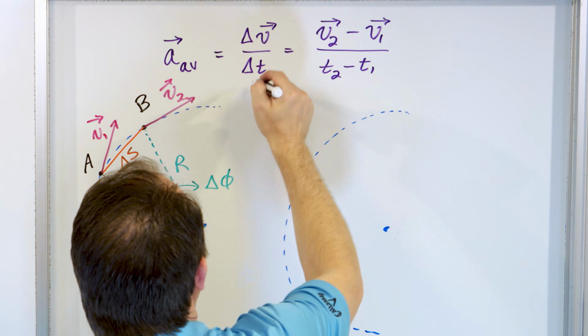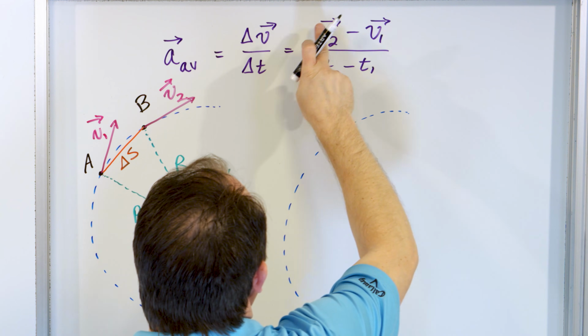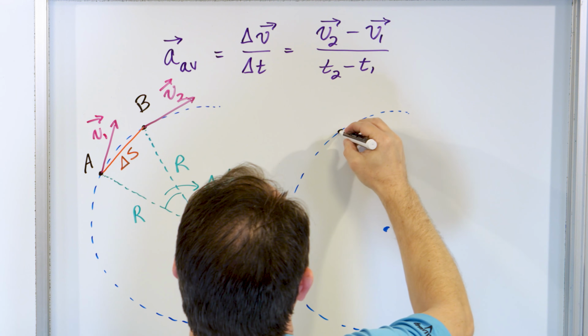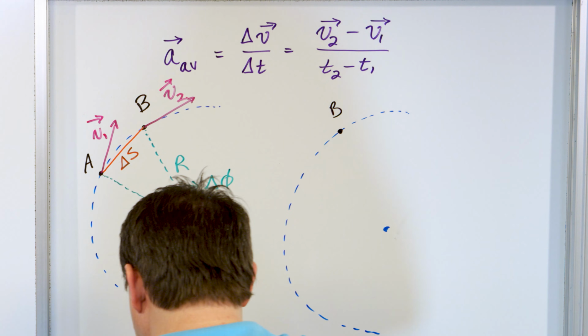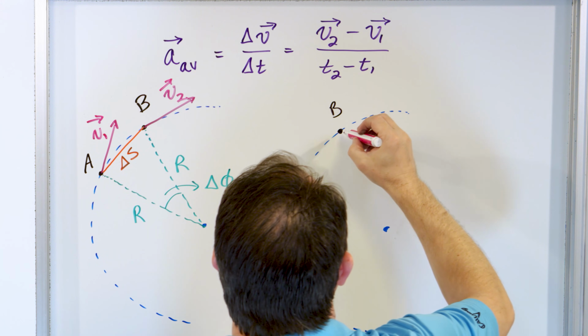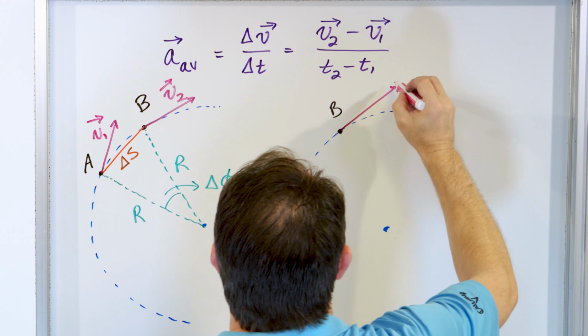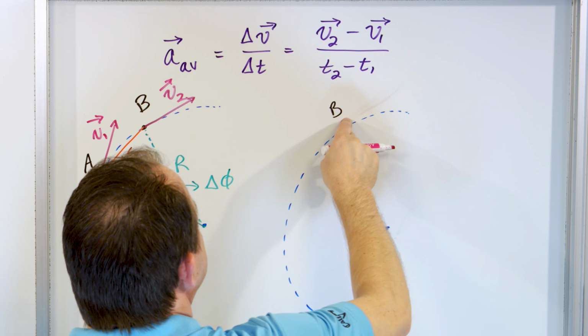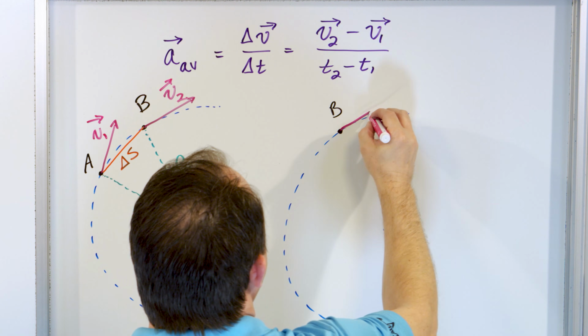So what we have to do to calculate the acceleration is take v2 minus v1. v2 is over here at B, so I'm going to try my best to put B in the same location. All right, and I'm going to put v2 something like this. See, it's already wrong, but you get the idea. Let me move it a little more tangential, like that.